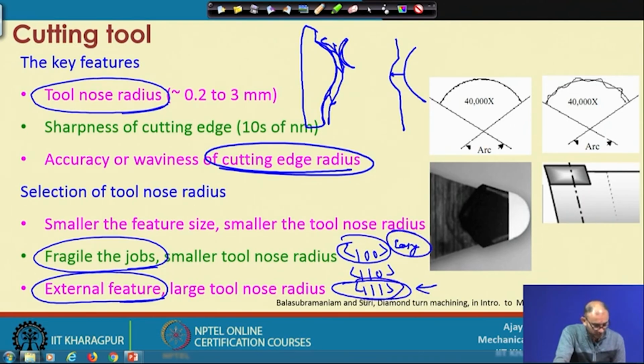So we also have to see which particular plane is coming into contact with the workpiece, and on which plane you are making the cutting edge radius and the nose radius. There are a lot of processes by which you can manipulate this plane and make sure that the hardest plane is on the surface, so you can do machining for a longer period of time. So, let me finish this lecture here.